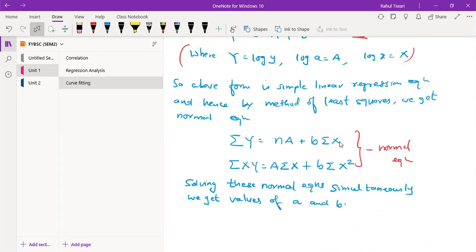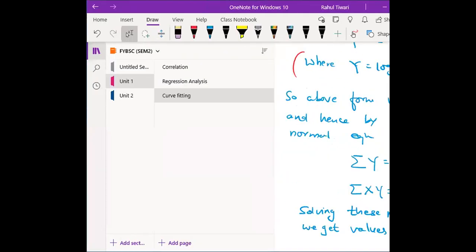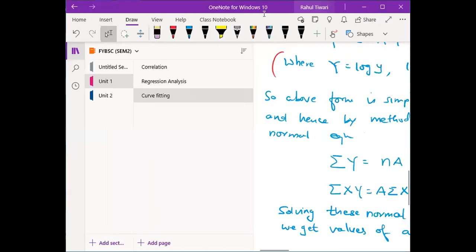Is that fine to all? This equation you will get from the normal equations, which is the regression equation. I have already uploaded your notes of regression and correlation in your GC, so you can download it and start preparing.